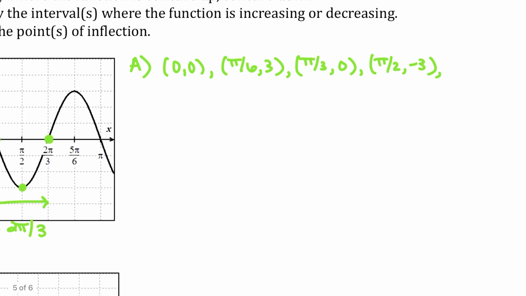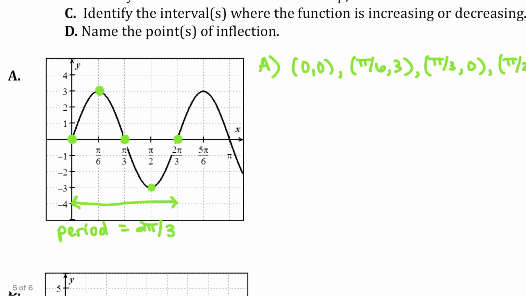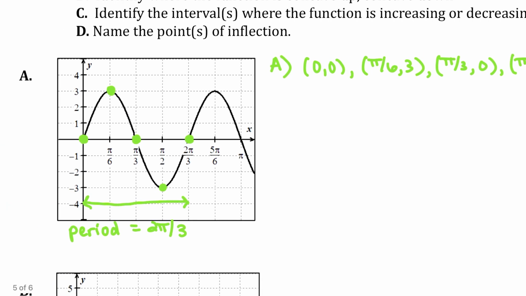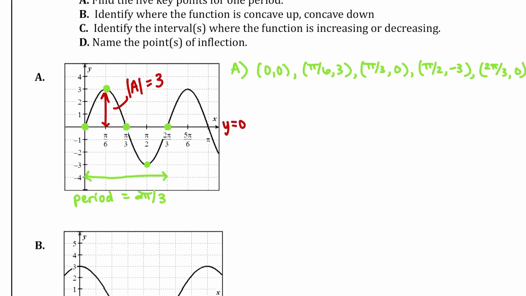And then we've got 2 pi over 3, 0. These are all of our points. Also, our amplitude is just going to be displayed here. Our midline is y equals 0. And then our amplitude is going to be 3 here. Just some other things to add.